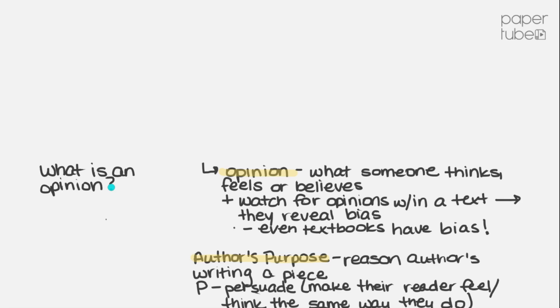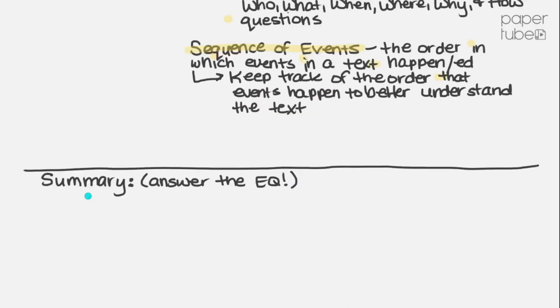Okay, I'm not looking for too much. I just want you to develop questions that will help you prepare for a test. And then for your summary, your job is to answer the essential question in about 3 to 5 sentences. If you run out of things to say before you get to 3 to 5 sentences, then you can explain what you've learned as well.